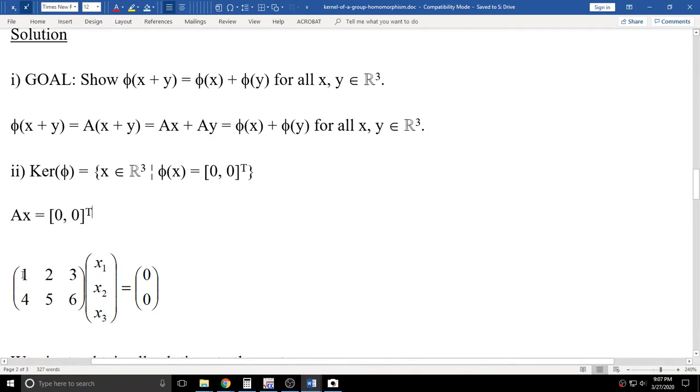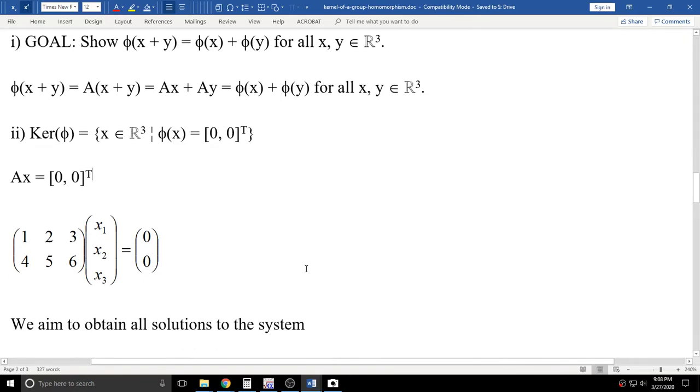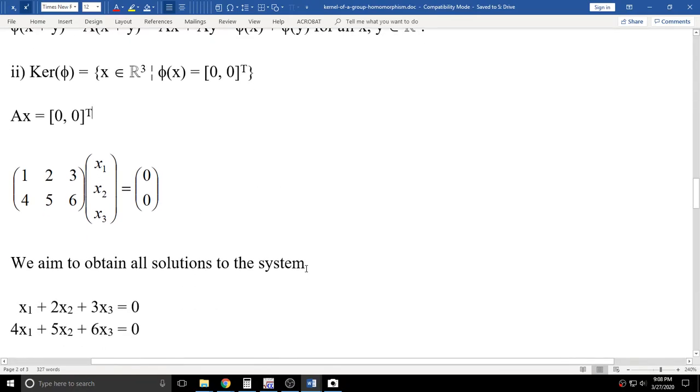The two equations are 1x1 plus 2x2 plus 3x3 equals 0, and 4x1 plus 5x2 plus 6x3 equals 0. What we want to do is solve that system, and find all vectors x1, x2, x3 that will satisfy the system of equations.